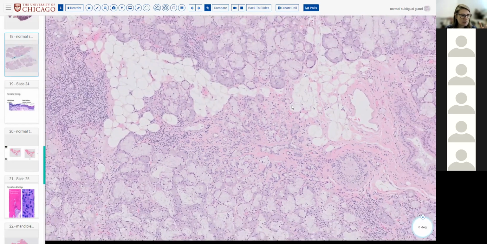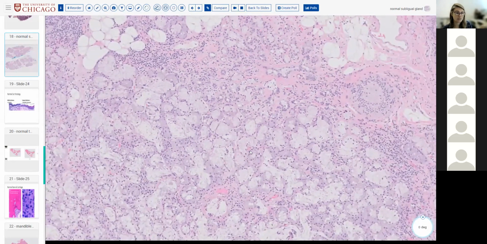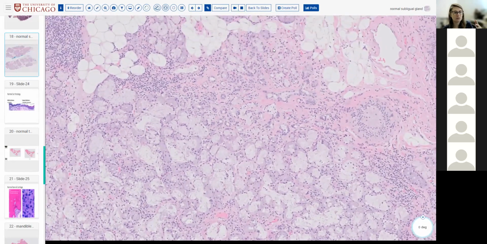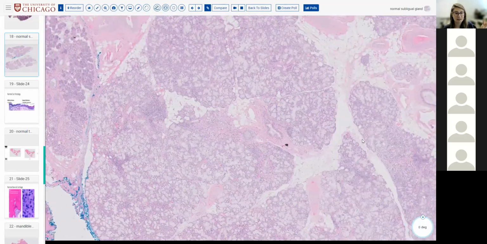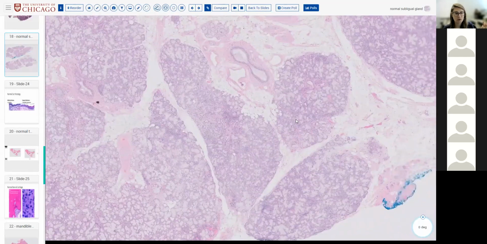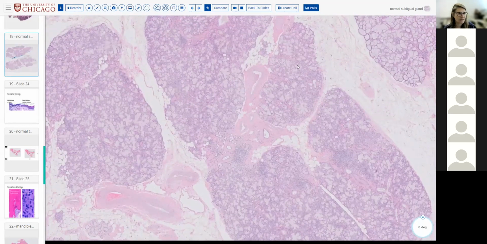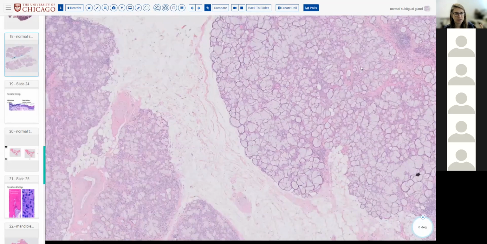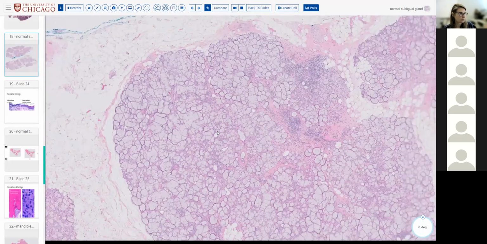You can see how this ductal area has a little extra eosinophilic basement membrane material. The glands appear a little shrunken compared to the neighbors. So this is a tiny focus of atrophy, but you may see extensive atrophy in salivary glands, especially in patients who've undergone radiation. Just be mindful that those are the features to look out for. Otherwise, this gland looks pretty juicy, if a little bit inflamed.